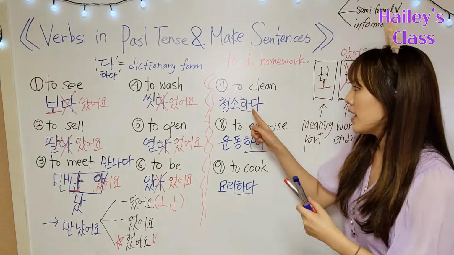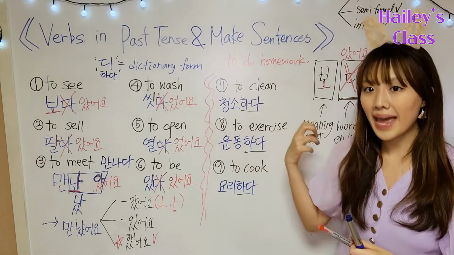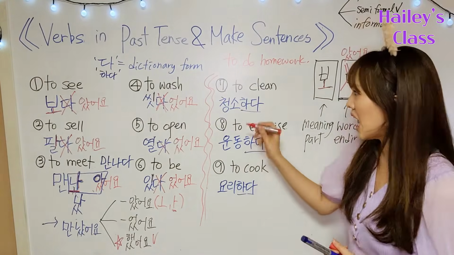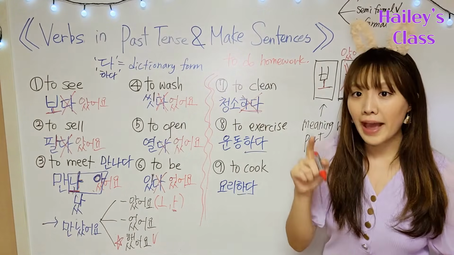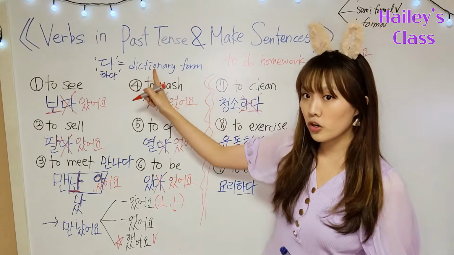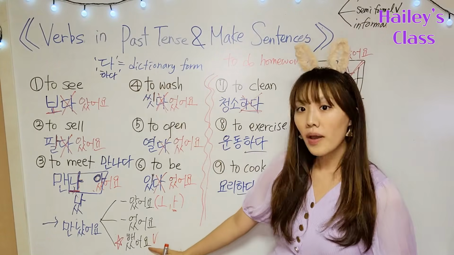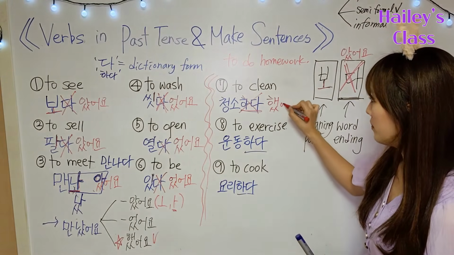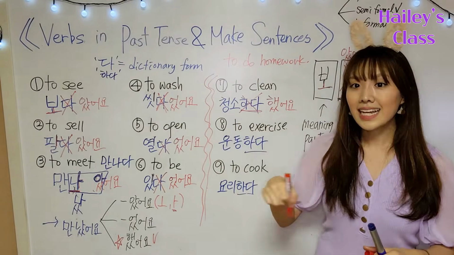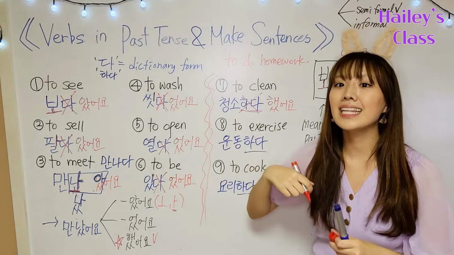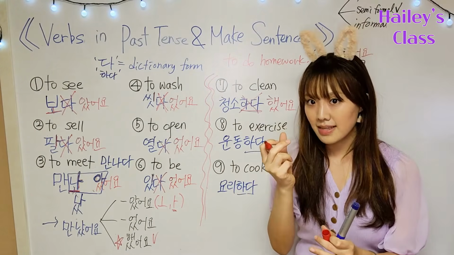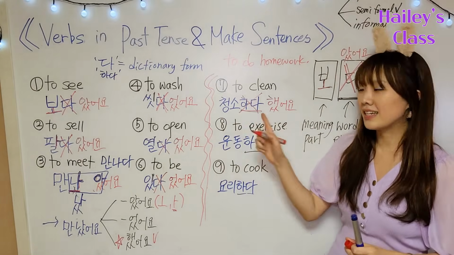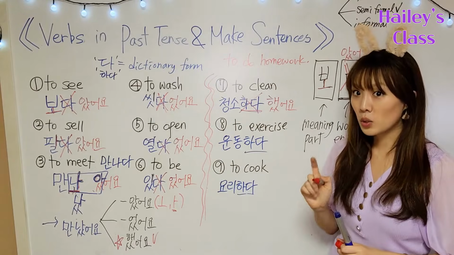So let's change these verbs into the past tense. 청소하다. This is a 하다 verb. So we have to delete the 하다 part because it's the dictionary form, and then we put 했어요. So I clean, and when I say I cleaned, it became past tense: 청소했어요. I cleaned. 청소했어요.